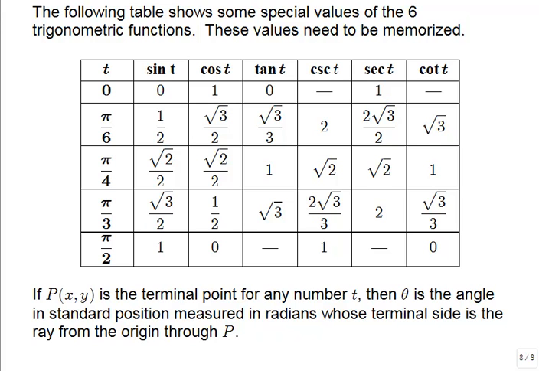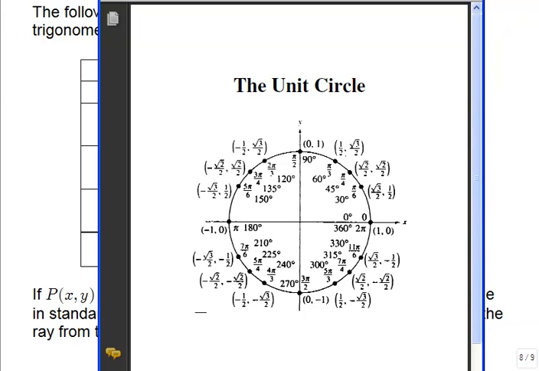And just to remind you, there is a PDF file available on D2L that shows the unit circle, and this is what it looks like. It shows all of those pi over 6, pi over 4, pi over 3, pi over 2, and so on. Then it shows the equivalent of those in degrees, so 30, 45, 60, 90 degrees.